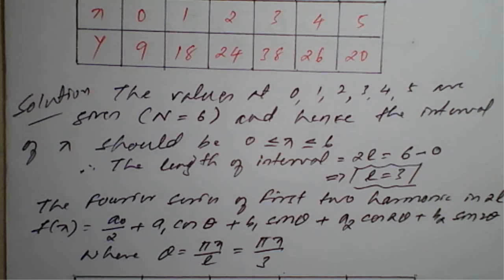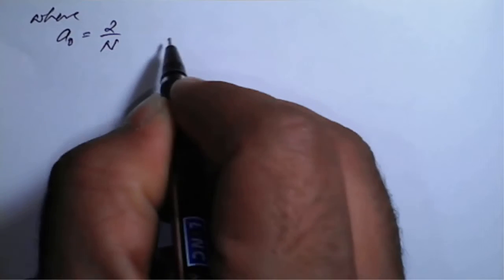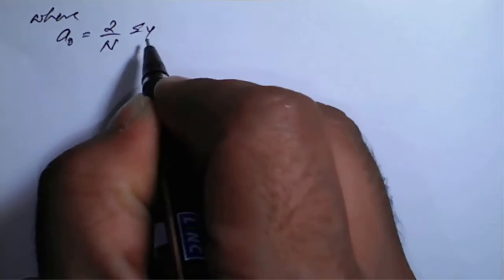As we know, a0 is 2 upon capital N summation y.